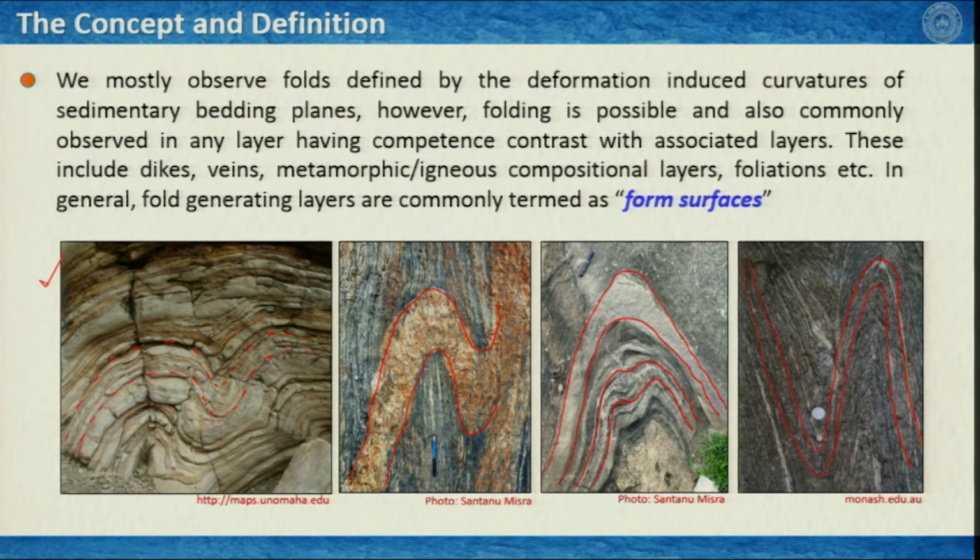So, it does not matter whether it is a sedimentary layer or a dike or a metamorphic compositional layer or some foliation, it can generate folded structures provided there are feasible conditions, and these conditions mostly include whether the surrounding materials of these layers have enough competence contrast with the layer that we expect to be folded.